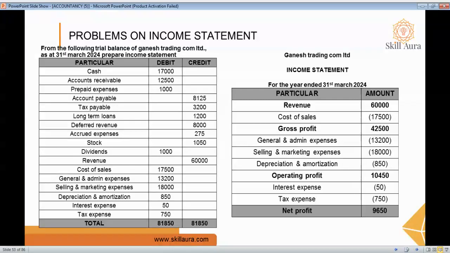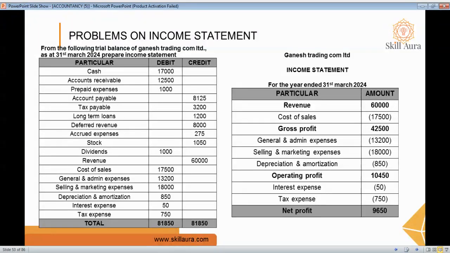In particular, cash 17,000, account receivable 12,500, prepaid expenses 1,000, account payable 8,125, tax payable 3,200, long-term loans 1,200, deferred revenue 8,000, accrued expenses 275, stock 1,050, dividend 1,000, revenue 60,000, cost of sales 17,500, general and administration expenses 13,200, depreciation and amortization 850, selling and marketing expenses 18,000, interest expenses 50, and tax expenses 750. Overall, the debit column is 81,850 and the credit is 81,850.